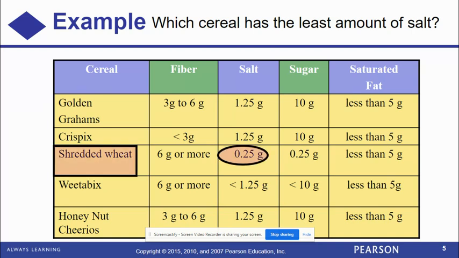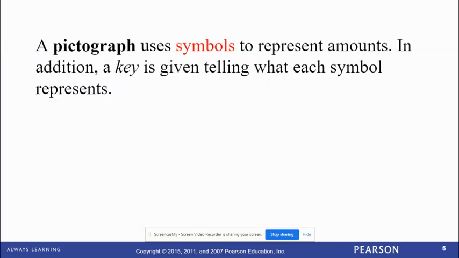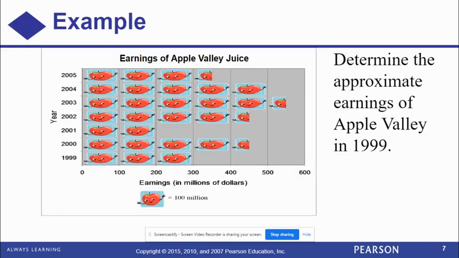Another type of example that we're going to learn is the pictograph, which uses symbols to represent amounts. For example, in the earnings of Apple Valley juice, one symbol represents 100 million. We want to determine the approximate earnings of Apple Valley in 1999.